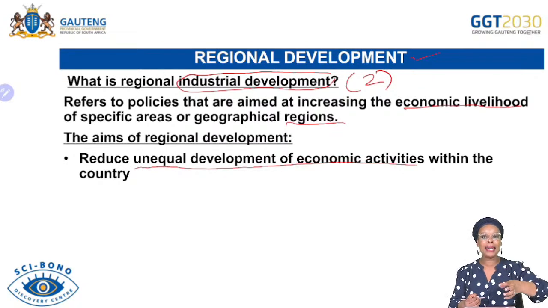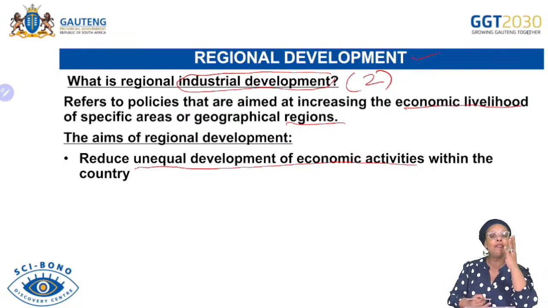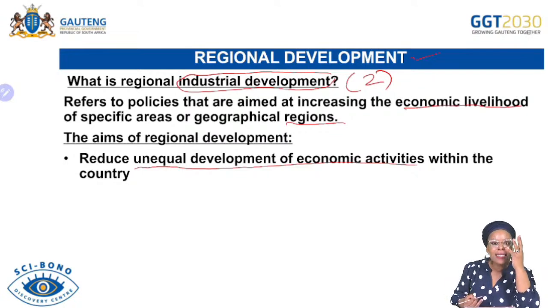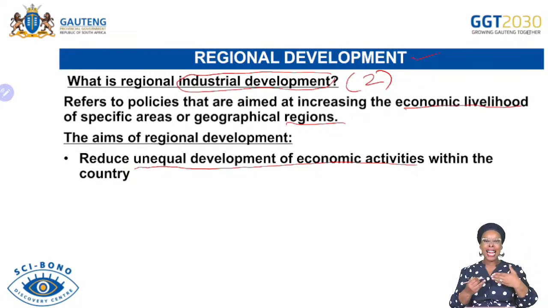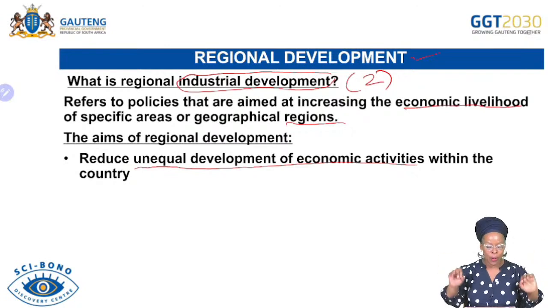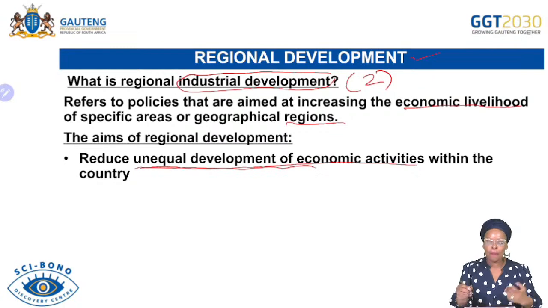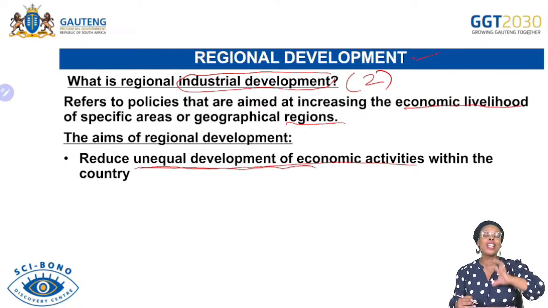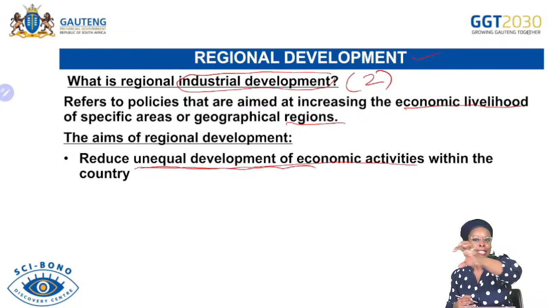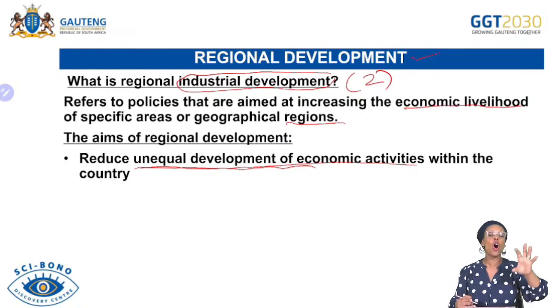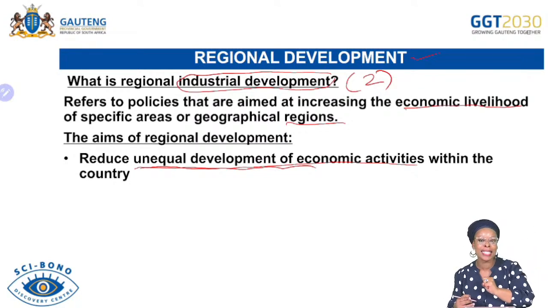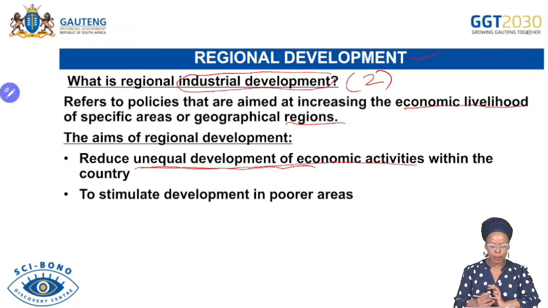Economic development happened in 4 areas where concentration or centralization of industries took place. With regional development, we want to do away with that so that we reduce unequal development of economic activities, so that if possible, all regions, or all those regions which were neglected, can be developed.